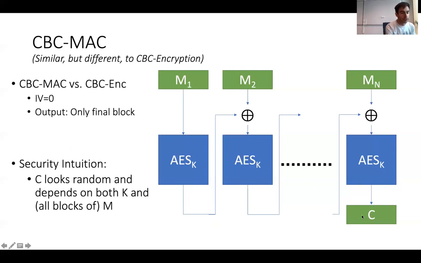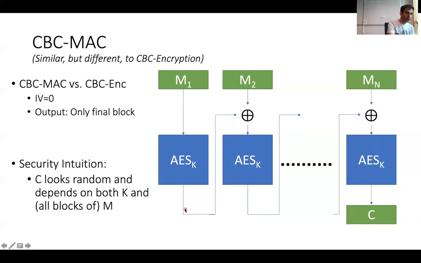The security intuition is: why is this CBC-MAC secure? The idea is that this last block depends in a very complicated way on the entire message and the key. So suppose for a second that the adversary sees this MAC on the entire message and wants to compute the MAC on a different message, maybe a message in which the second block differs by 1 bit.